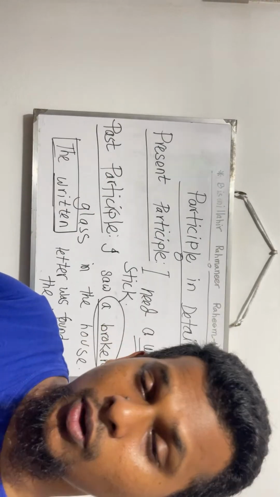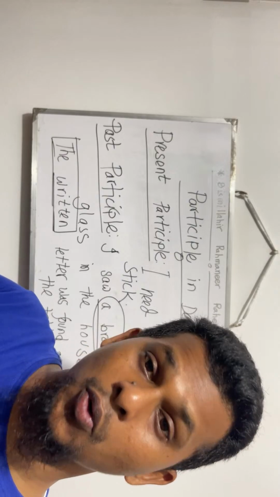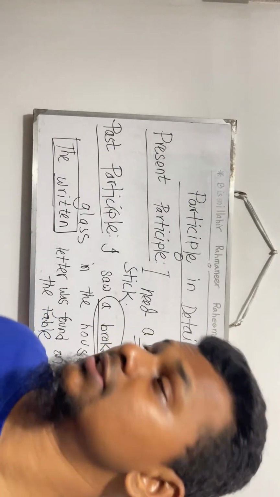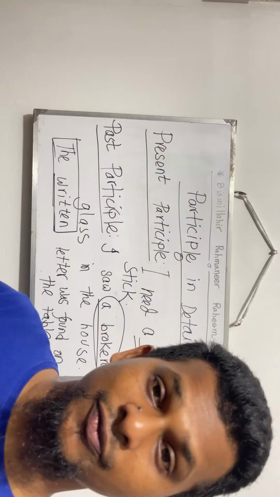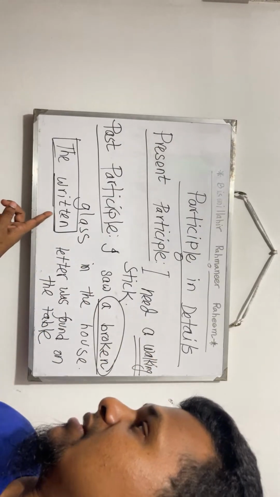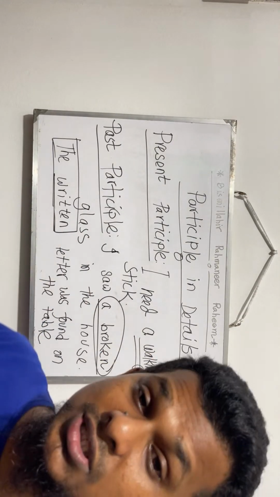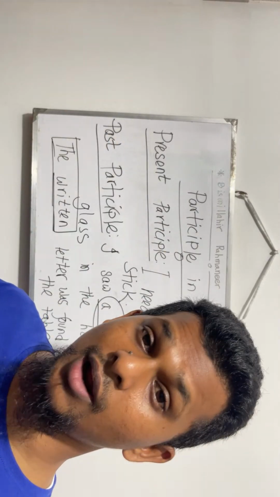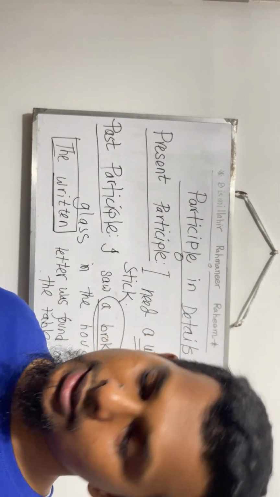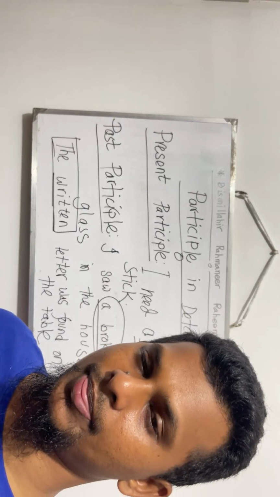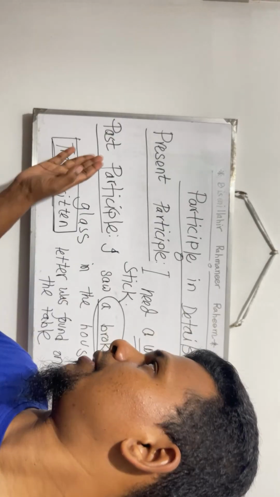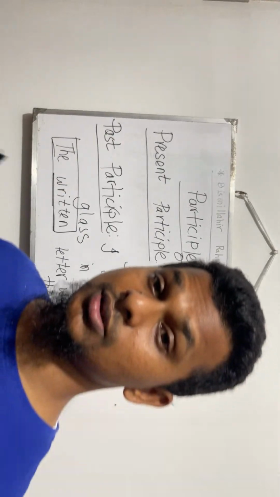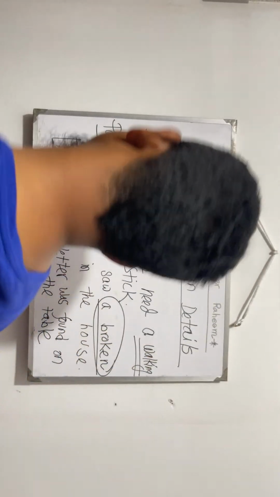Past participle always carries or holds a past participle form of verb. So that is past participle, and then comes perfect participle.